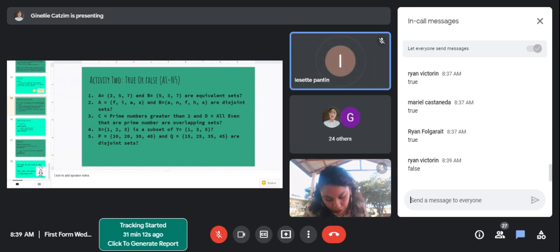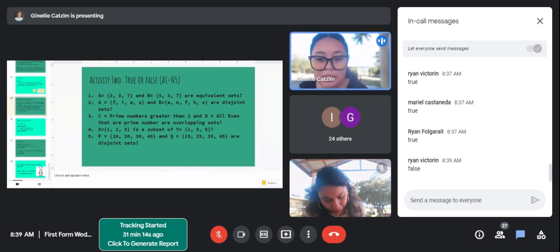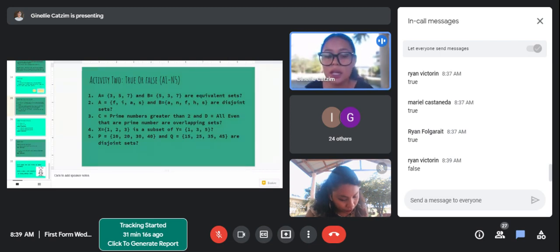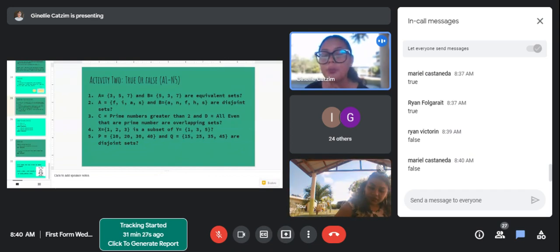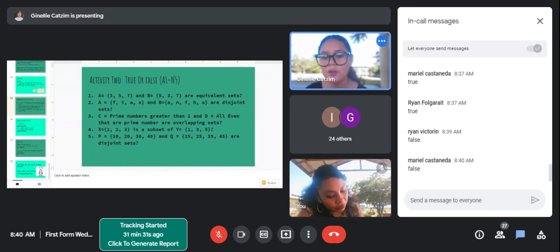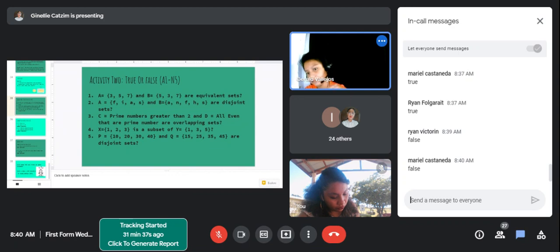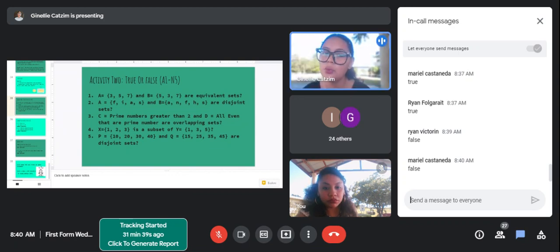False, miss. False, right? It's false because not all the elements of set X are in set Y. So this is false. Now, sets P and Q are disjoint sets. We have 10, 20, 30, and 40, and 15, 25, 35, and 45. Are these disjoint? True. Very good. They are.